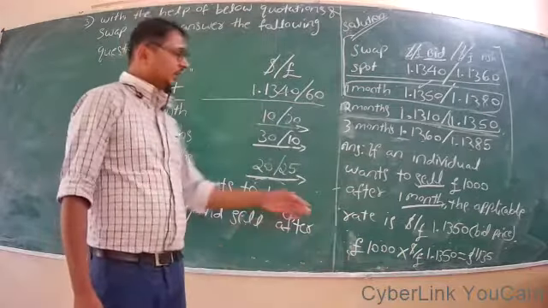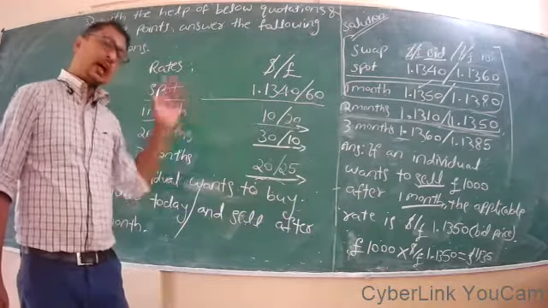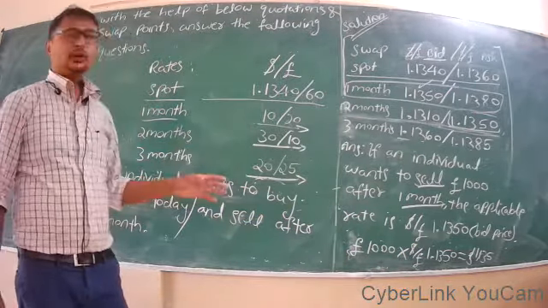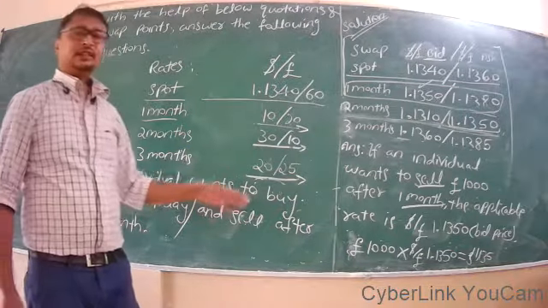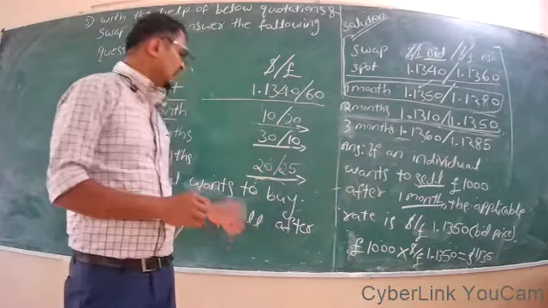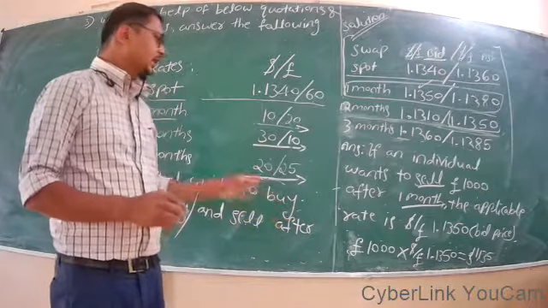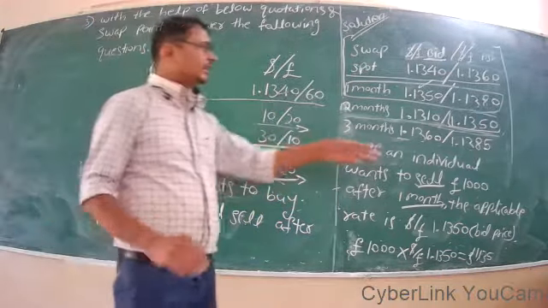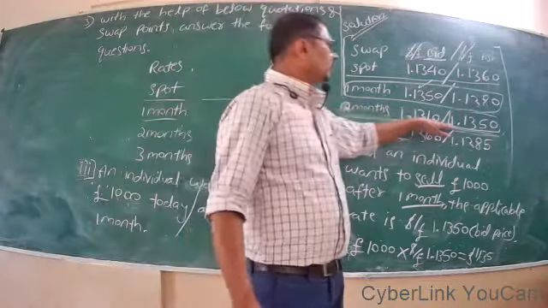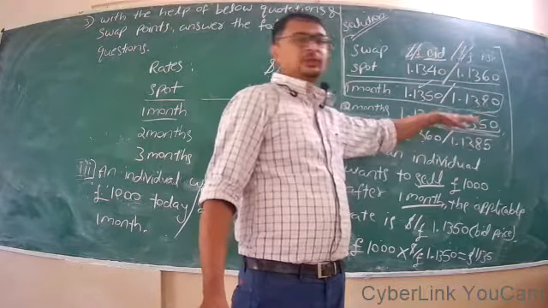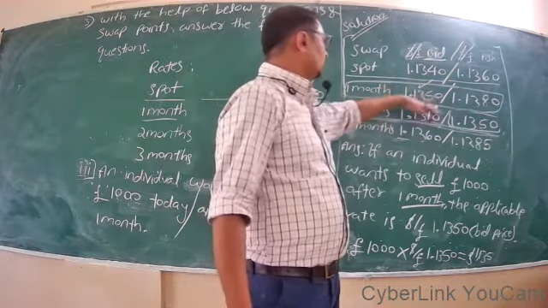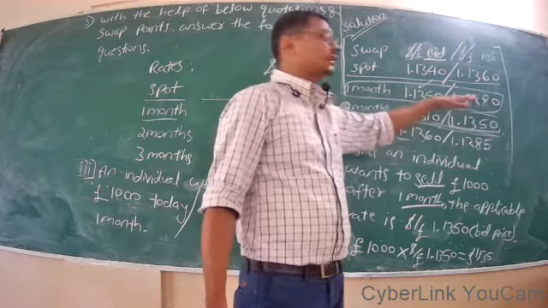In the question, he bought the sterling pounds 1 month ago, and he is going to sell the same 1,000 sterling pounds after 1 month, right? So after 1 month, the exchange rate has become 1.1350 oblique 1.1380.